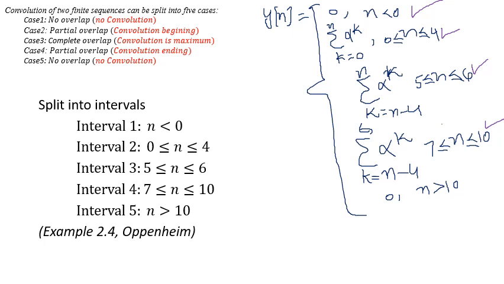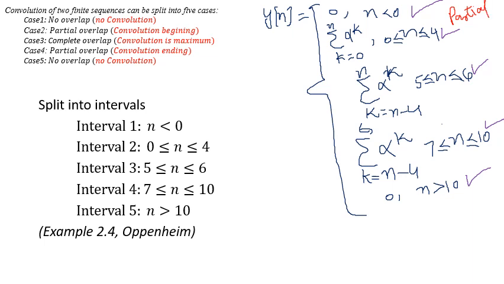And the fifth interval is no overlap or non-zero overlap, right? So if we look at this one, we can observe that in case of partial overlap, this is the partial overlap.